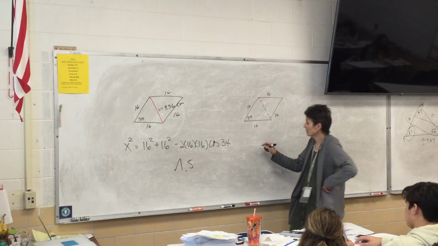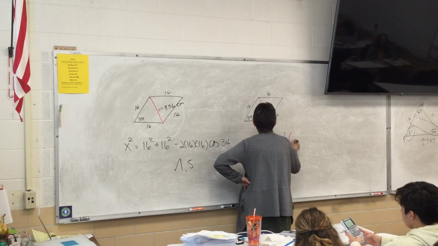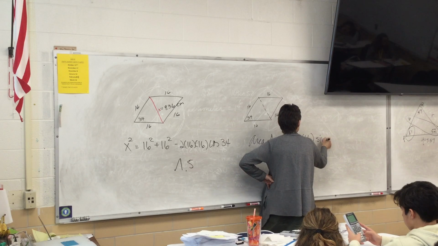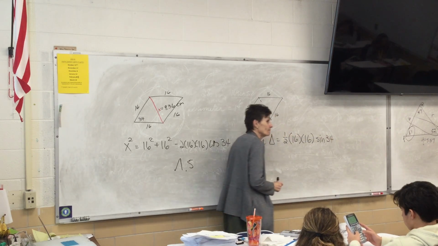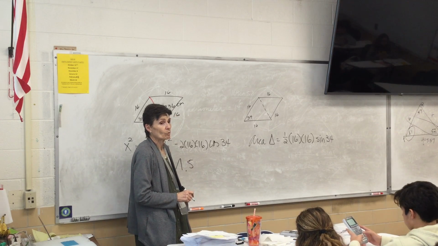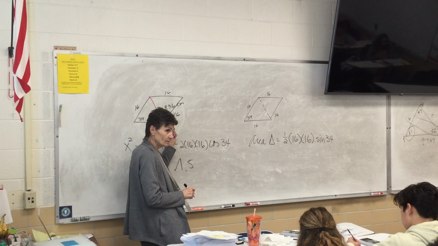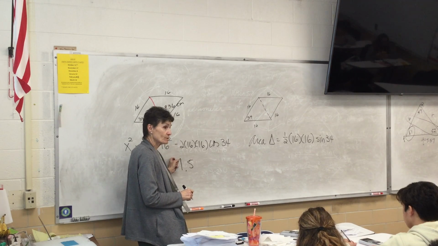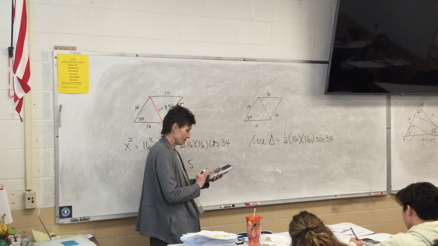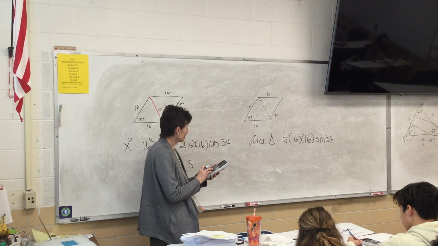So here we go. The area of the triangle is 1/2 side times side times sine of included angle. Make sure you read the question carefully. This one wanted the diagonal, so we get the law of cosines. This one wants area, so we're doing area. Kylie, one more time.